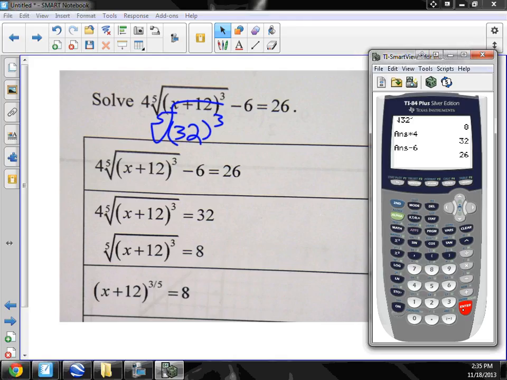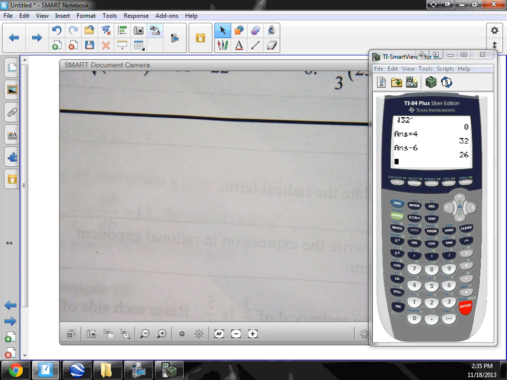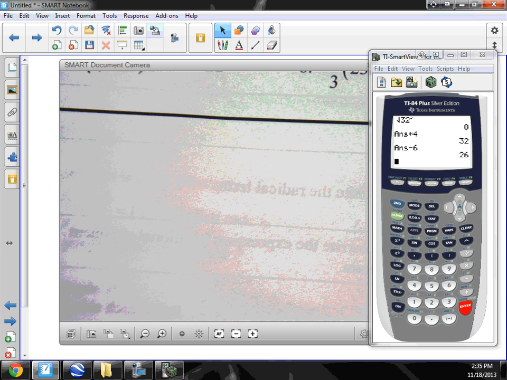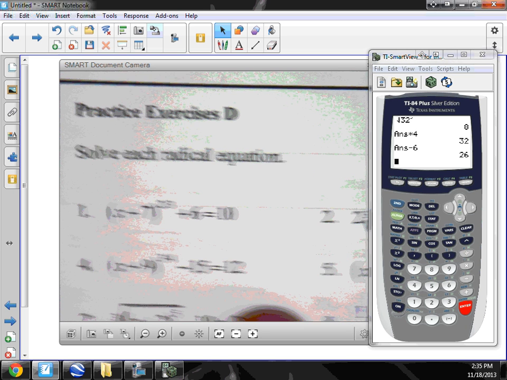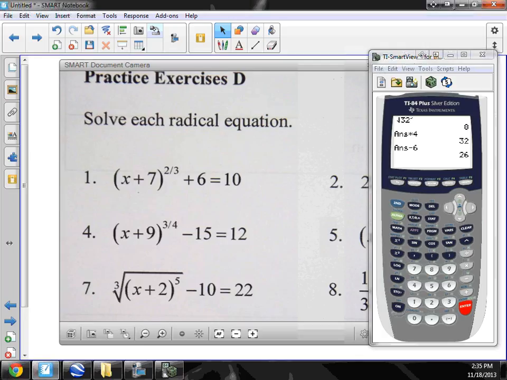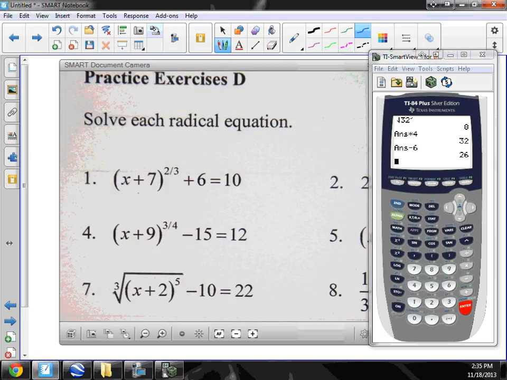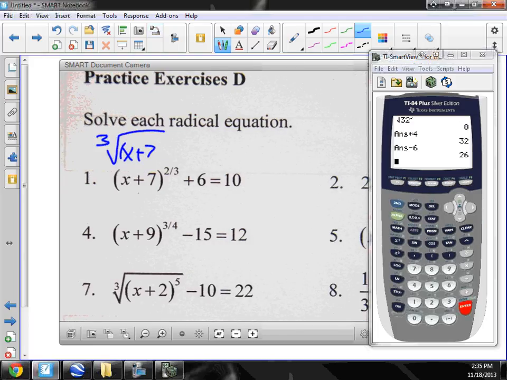So if you look at your problem set on 68, which is really short, number 1 is in the wrong form. So how would I rewrite 1 in radical form? It would be the third root of x plus 7 squared.